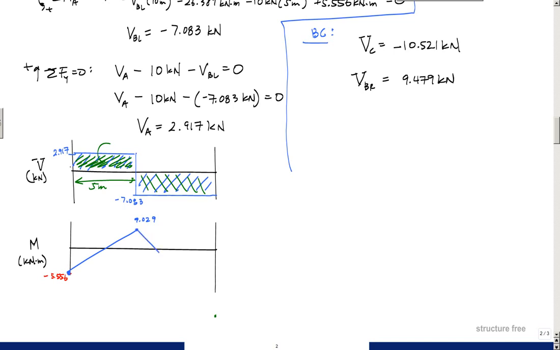So here is minus 26.386 kilonewton meters, and this is my moment diagram, and like that. Okay, and so that's your moment diagram. That looks good. Oh, make it pretty. Bam. All right, so that feels good, right?